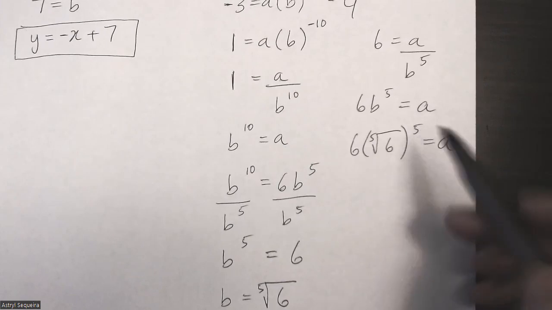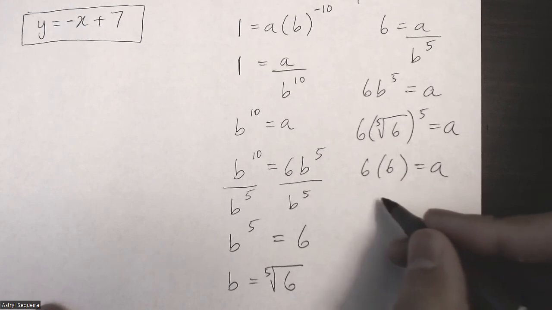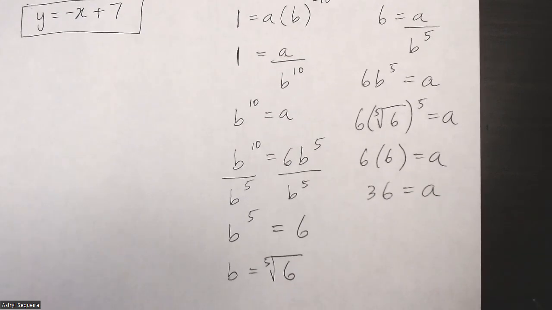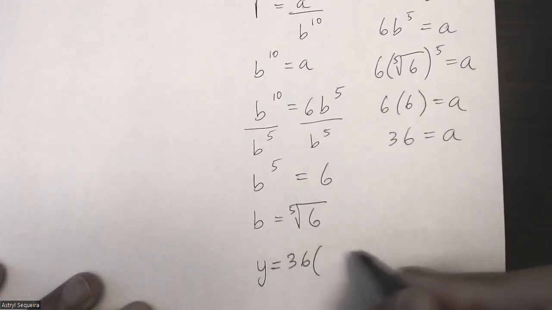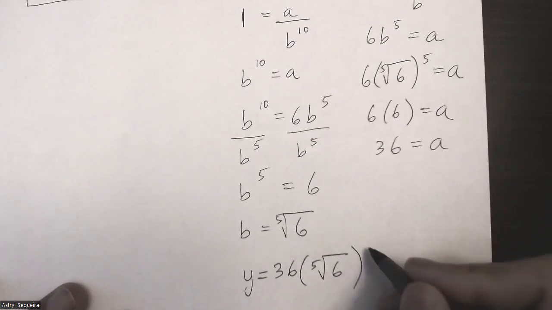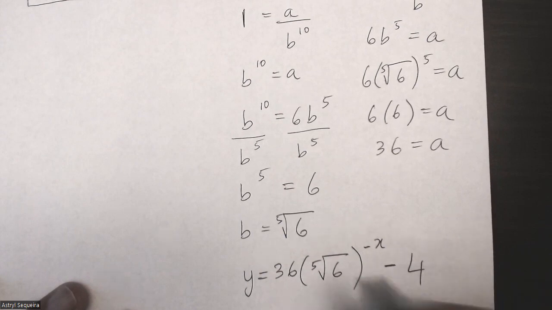The 5th root of 6 to the power of 5 is just 6. So 6 times 6 equals a, which means 36 equals a, which means I can write my equation as y equals 36 times the 5th root of 6 to the power of negative x minus 4.